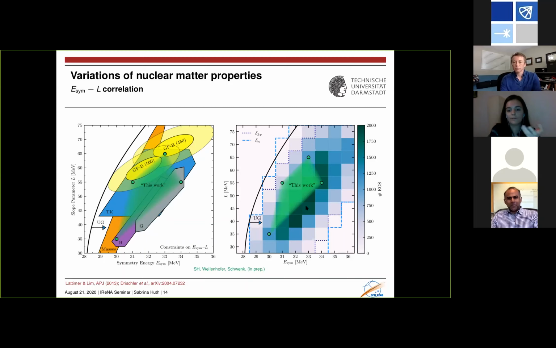But of course, if you would say, hey, I would like to have an EOS with symmetry energy 32 and a slope parameter of 45 or 50, then we can just plug this in and generate this EOS, and then it's fine. For this study, the important point is just to capture the whole uncertainty band.